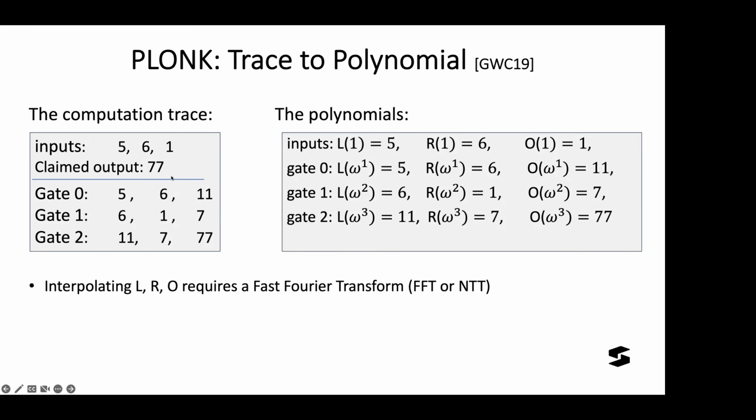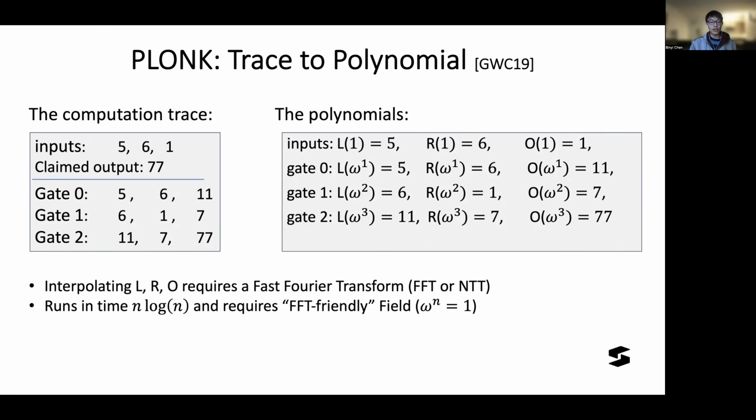The FFT has complexity n log n, and it also requires FFT-friendly fields, meaning fields that have a really large multiplicative group inside. This is not very good when the instance size is huge. It is also less parallelizable because it involves very complex memory access patterns. But I would say this is not a big issue.